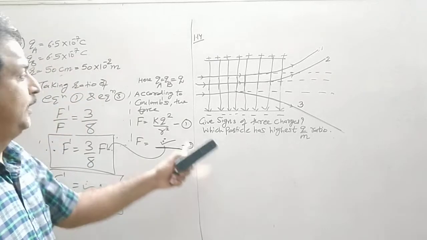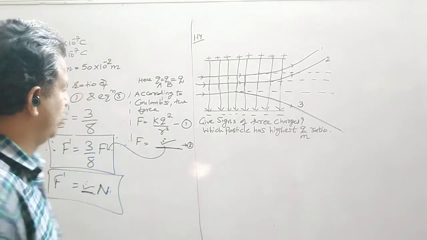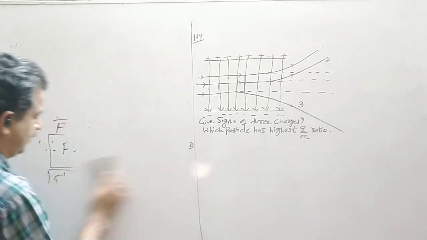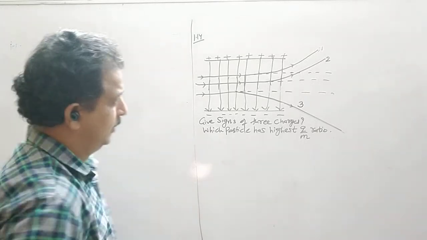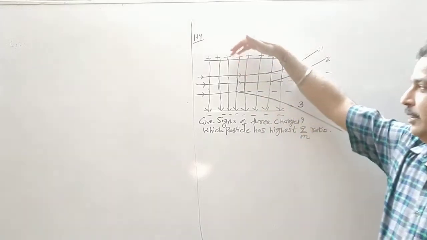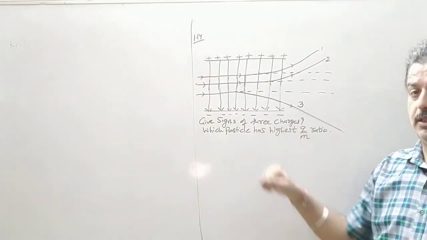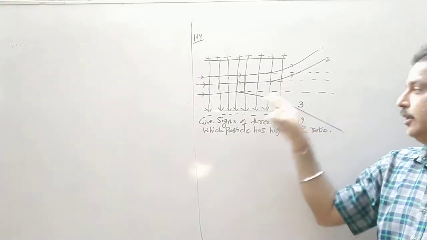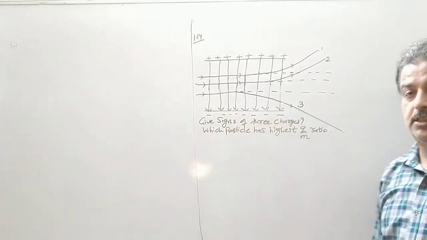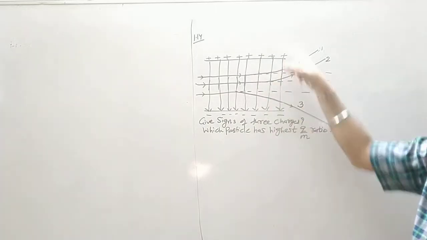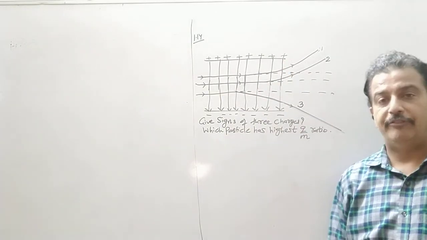Now let us see question number 14. Again it is MCQ based. The electric field lines are given in the downward direction. So this is one plate which is positively charged. This plate is negatively charged. So electric field lines are from positive to negative charge. So we have drawn the field lines downward.